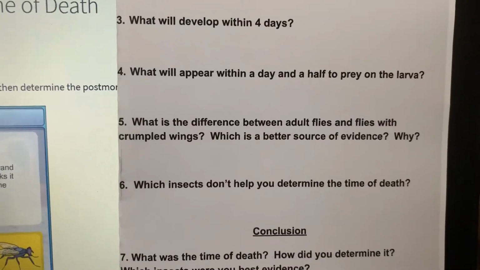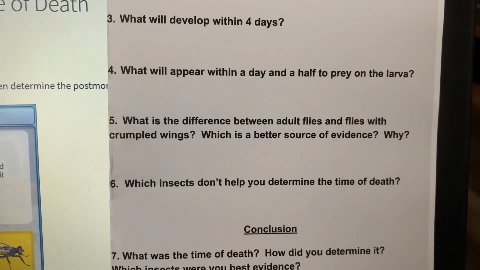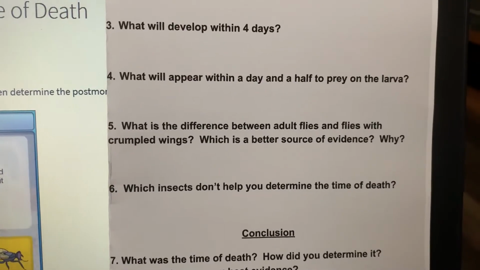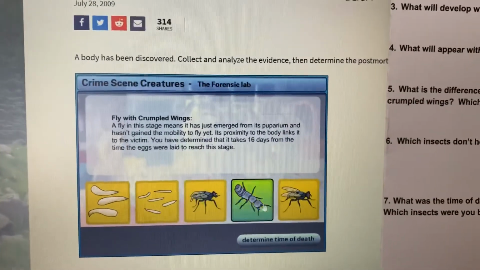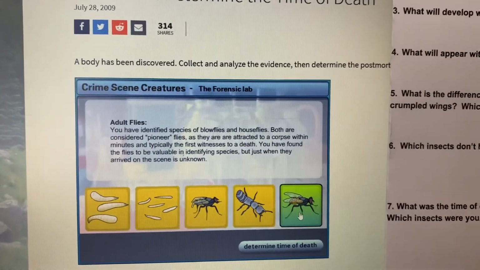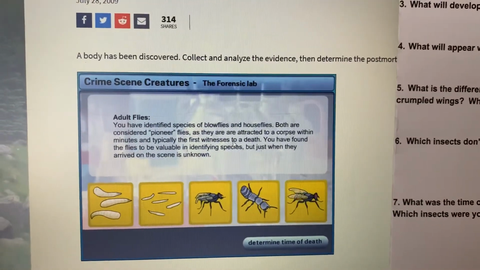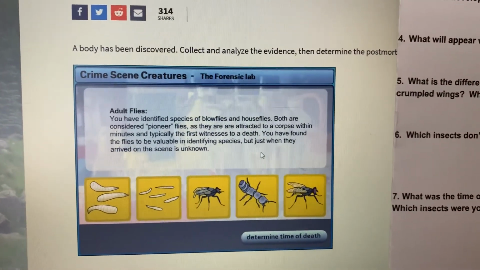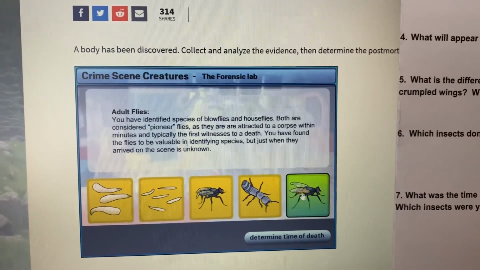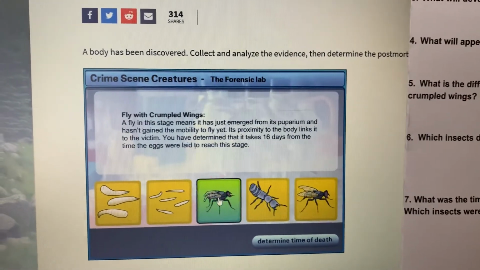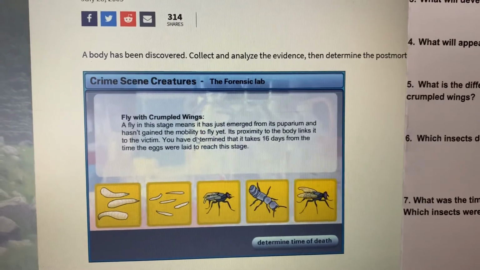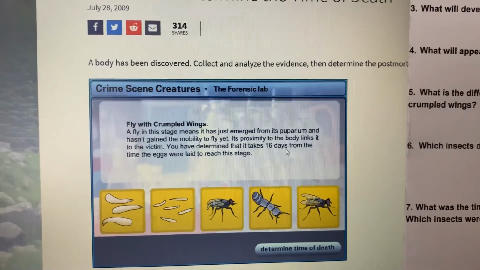So what is the difference between adult flies and flies with crumpled wings? Which is a better source of evidence? If you remember, regular adult flies don't really tell me anything other than it's been at least an hour for them to have found the body. Whereas if you find an adult fly with crumpled wings, that means it has just hatched from its pupa.